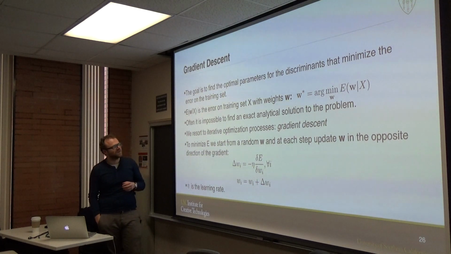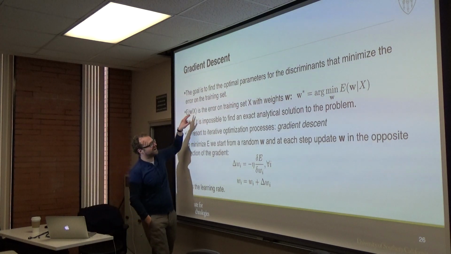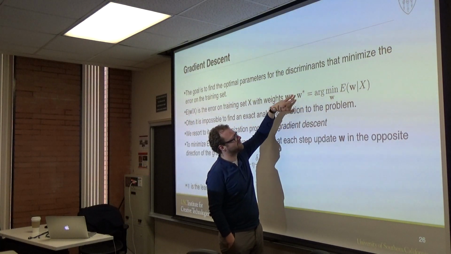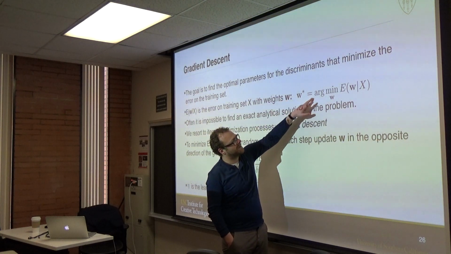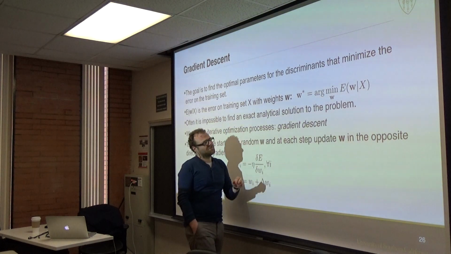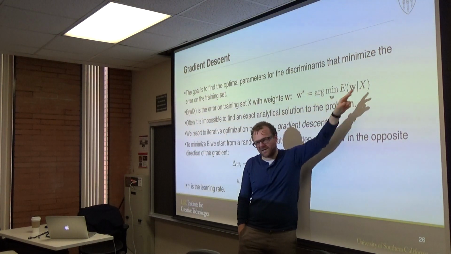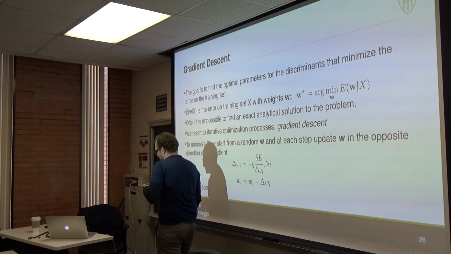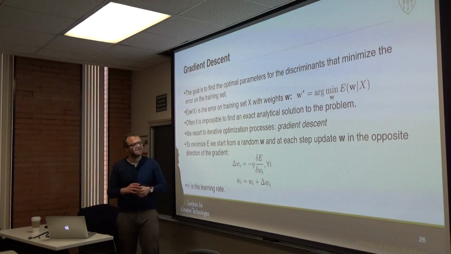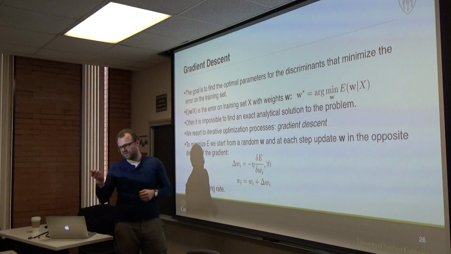Basically we can define this as: we want to find W star, which is the optimal set of weights that produces the minimum of this error given a certain X, and this capital X here means given a certain training set. Okay, so this is an entire data set instead of just one input vector.